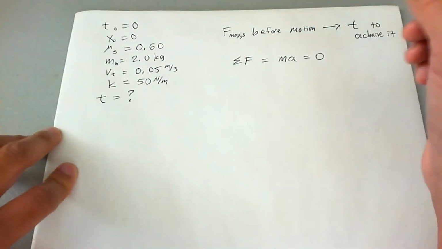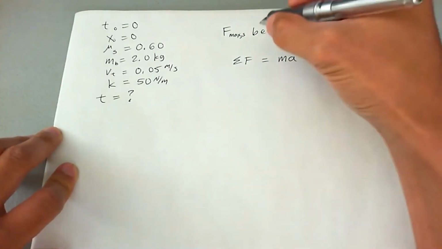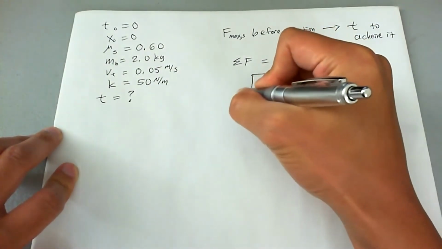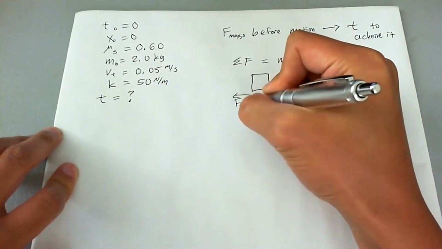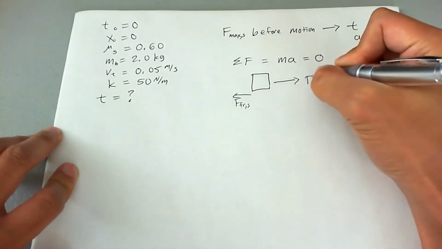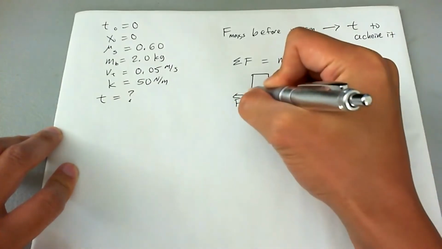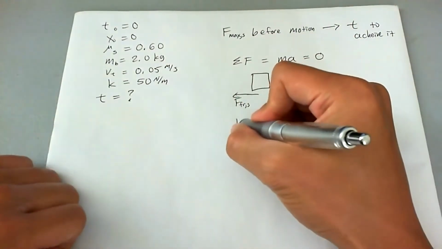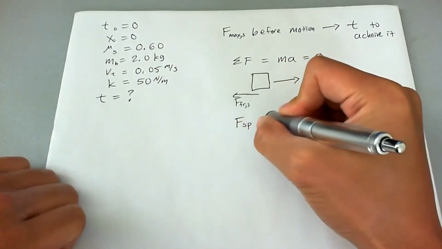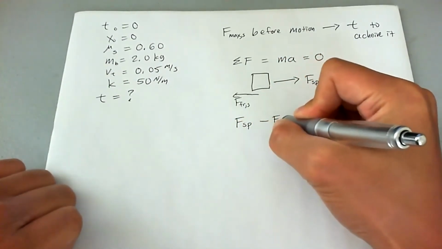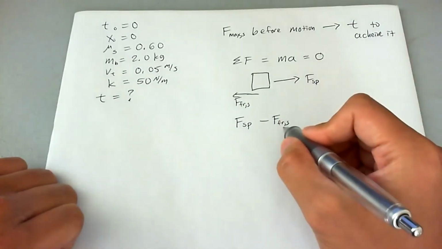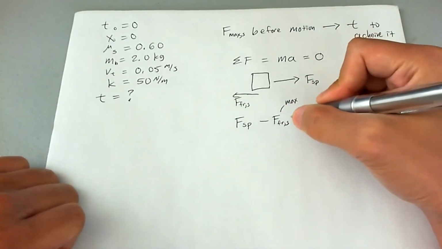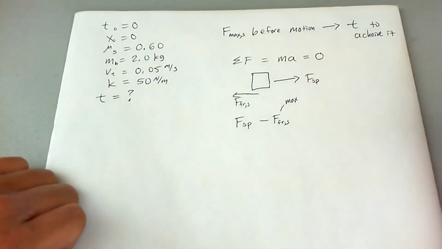There are two forces acting on the block. There is friction pointing this way, and there is spring force pointing this way. Don't pay attention to the length of the arrows. So we have spring force minus friction force, and when I say friction force, I mean the maximum friction force before it breaks and turns into kinetic friction force.